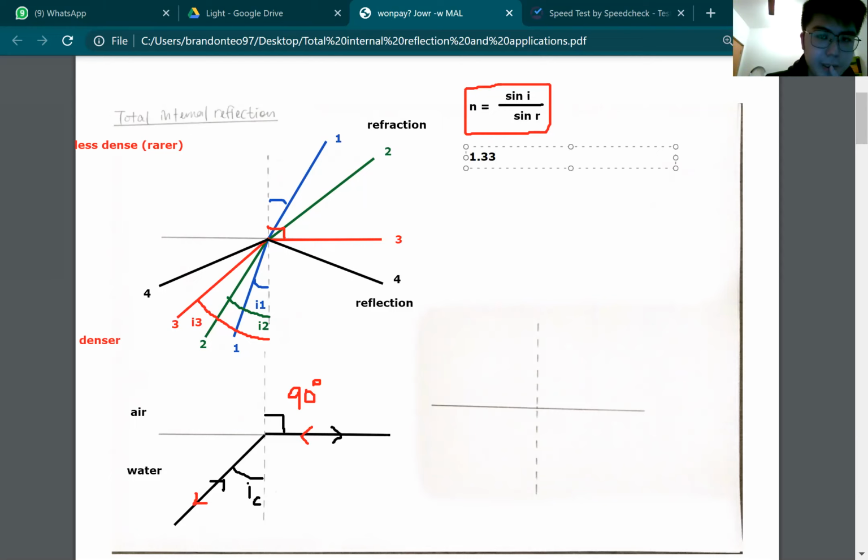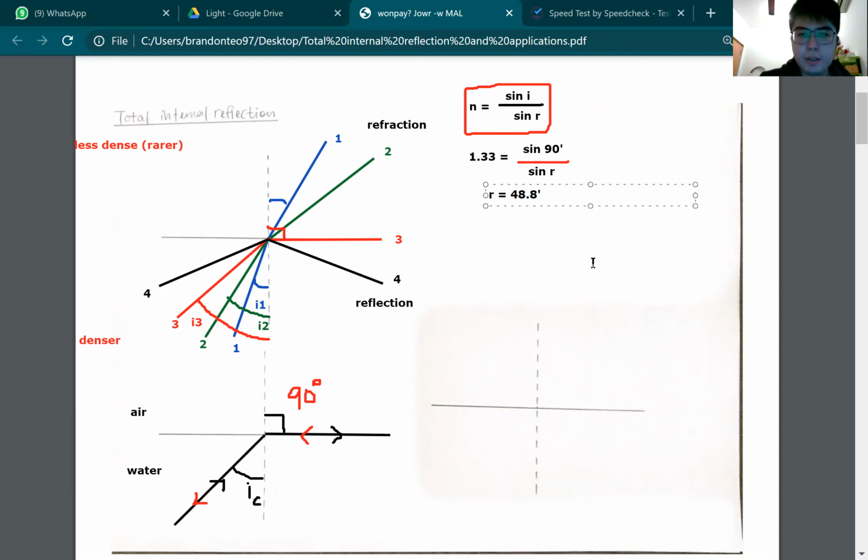Here n, the refractive index of water, is fixed at 1.33, or you can use glass, either is fine. So 1.33 equals sin I, which must be 90 because the incident ray is 90, over sin R. Sin 90 you will find is equal to 1. So you can calculate R. 1 divided by 1.33 and then taking the inverse sine gives about 49, 48.7, so let's say 48.8 degrees. Using this simple formula you can calculate the critical angle.